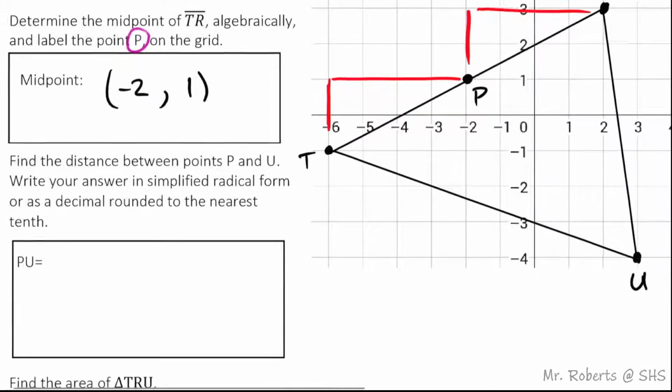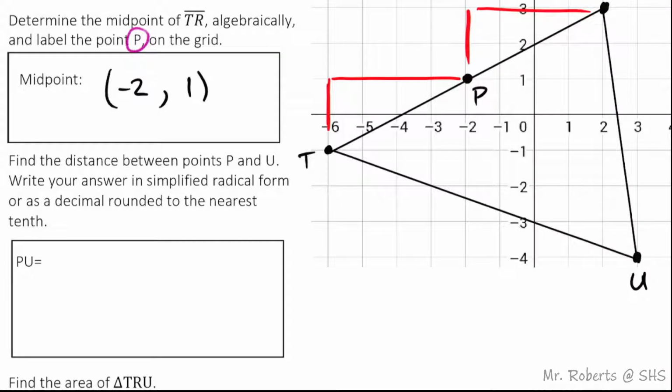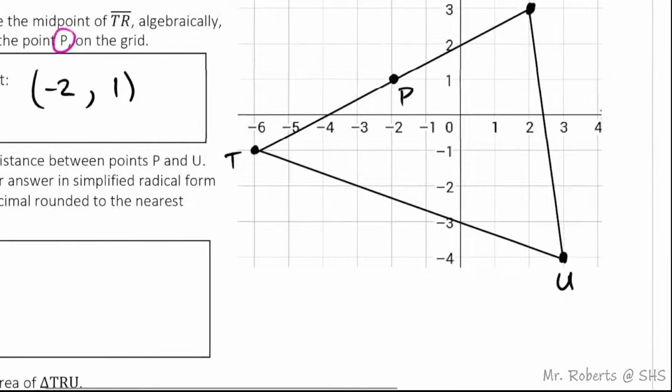Next question, it says find the distance between points P and U. Write your answer in simplified radical form. So if I'm thinking about that, right, the distance from P to U, I can sketch it, right? It's like this is what I'm trying to find. Well, how would I find that distance? Well, I would consider the right triangle that would bound that diagonal, right?